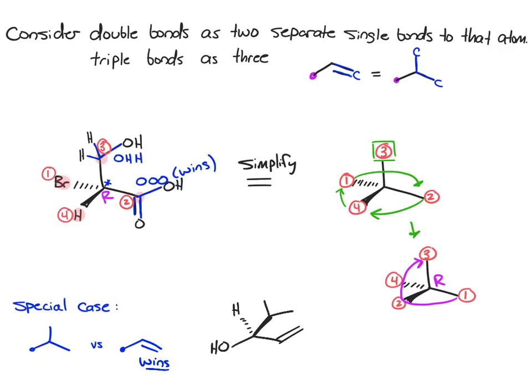So for example, if you were to have this molecule, the oxygen's priority 1, the hydrogen's priority 4, and then these 2 groups, based on all the rules we've discussed, end up tying with one another, we give the double bond priority. So that's 2, and that's 3. So then draw your arrow. This one goes around to the left, so that's an S configuration.